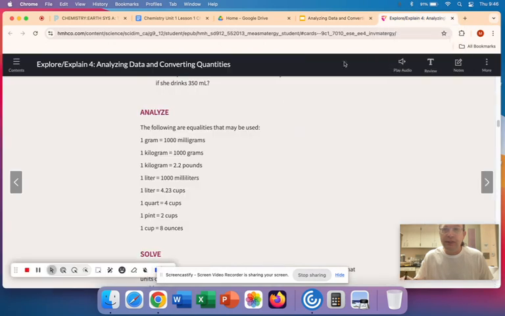So we can see these equalities here. I can see how 1 liter equals 4.23 cups. I can see that right here.